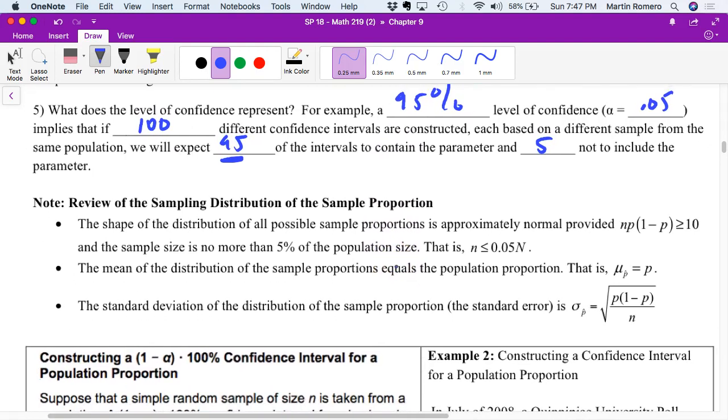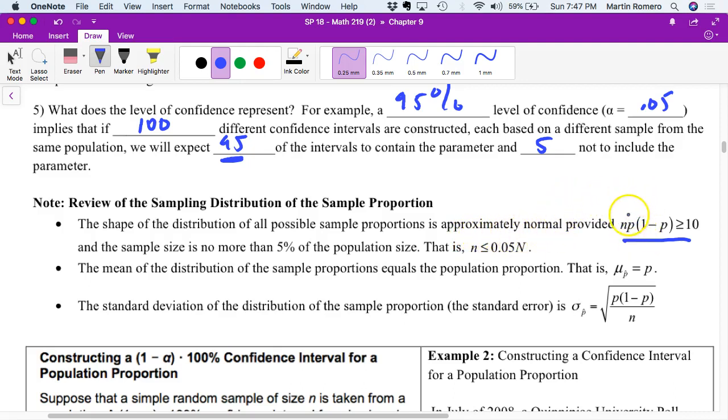And then to end this introduction here, important to note the shape of the distribution of all possible sample proportions is approximately normal, provided this. So in terms of being able to construct confidence intervals, we have to meet some requirements. We just can't do that. We have to make sure that the sample proportions that we get are approximately normal, right?